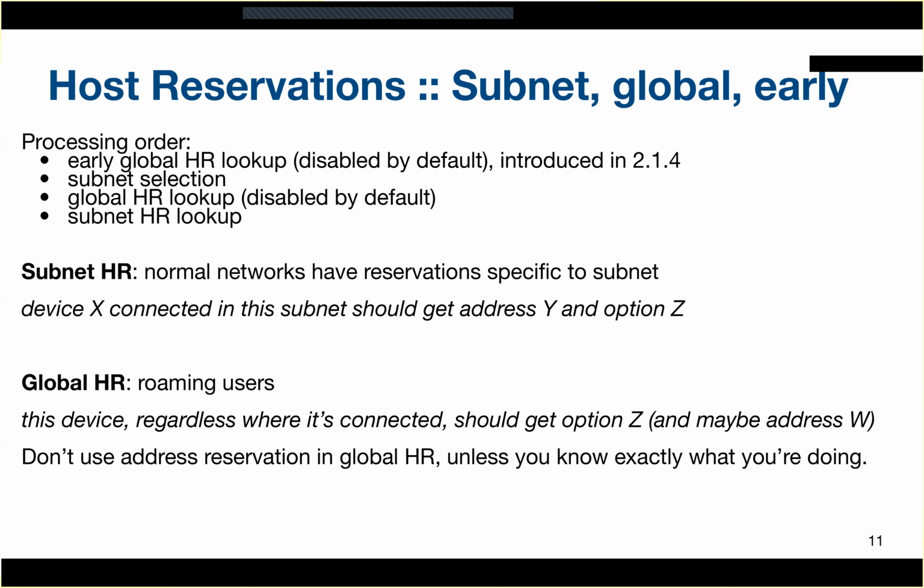By the way, the reservation doesn't have to cover an address. You might want to reserve only options, or even not reserve anything. And the fact that there is a reservation for your device is useful in Kea in some cases. But I'm talking here about the typical case when the host reservation has an address.